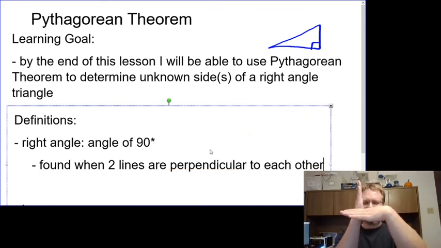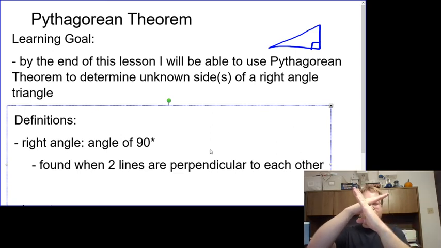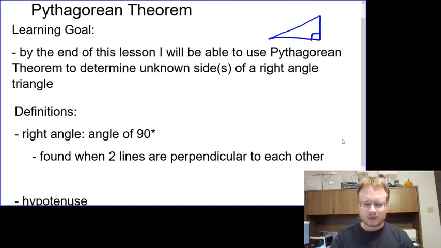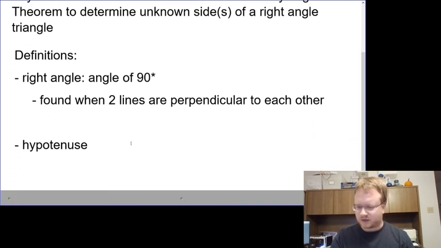So lines that meet like this, like one is level, one is vertical, and they meet, that's perpendicular. They can be at angles, but as long as where they meet you have that square shape going on, that's perpendicular. And that means the angle between those lines is 90 degrees.